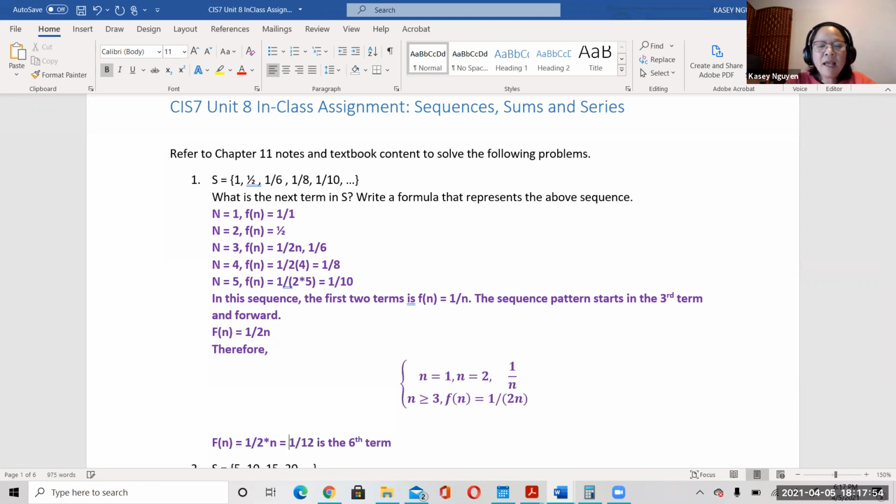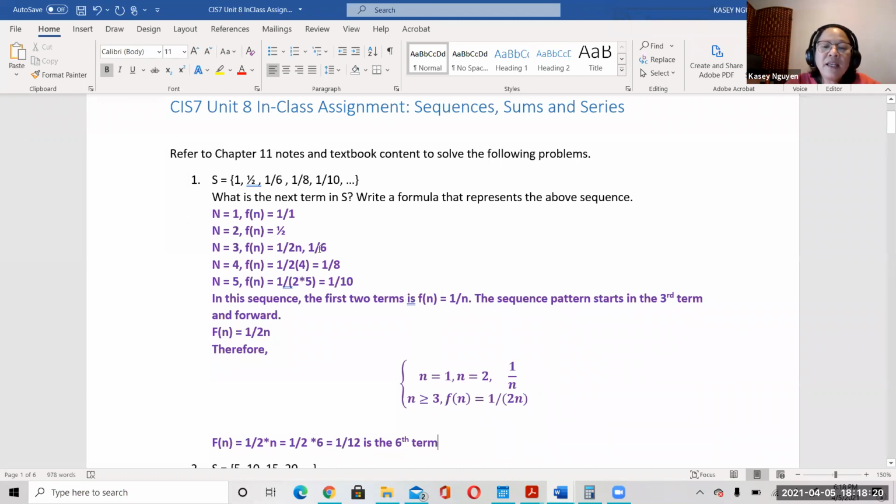So we can determine the sixth term by taking 1 divided by 2 times 6, which gives us 1/12. So our sixth term would be 1/12.